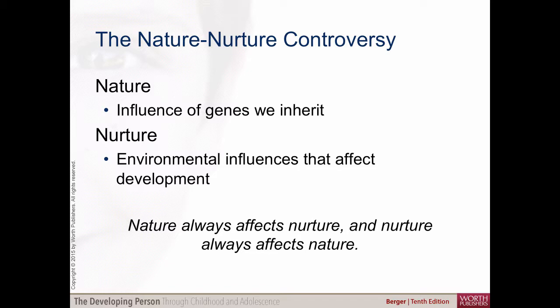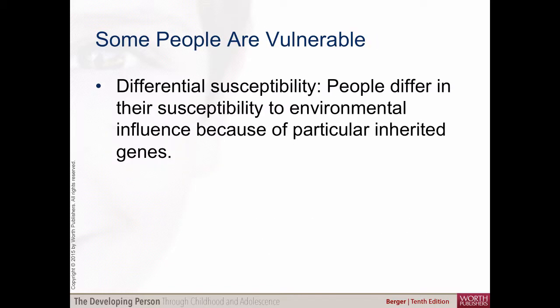And you cannot have one without the other. Nature always affects nurture, and nurture always affects nature. Some people are more vulnerable than others. It's called differential susceptibility, and people differ in their susceptibility to environmental influences because of a particular inherited gene.